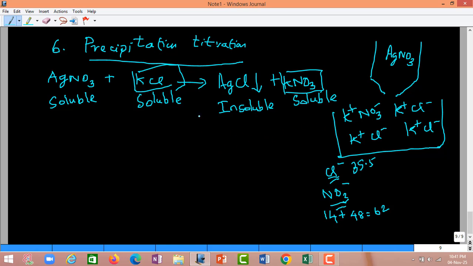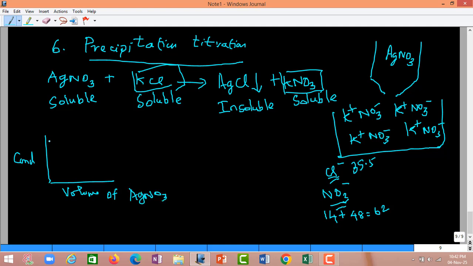And when you continue the reaction, when you add more and more silver nitrate to the potassium chloride, the potassium chloride will react further and all the chloride ions will be replaced by NO3 minus ions. The first ions are replaced by the slower ions, and so the conductance decreases further. And in the x-axis you take the volume of the burette solution, which is silver nitrate.